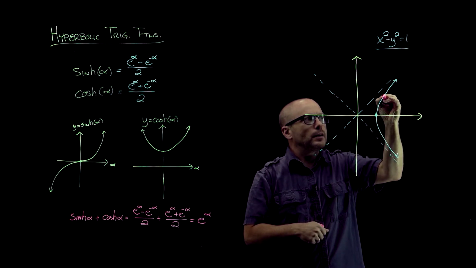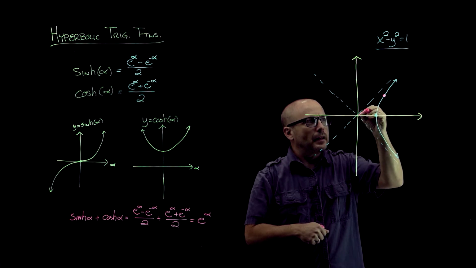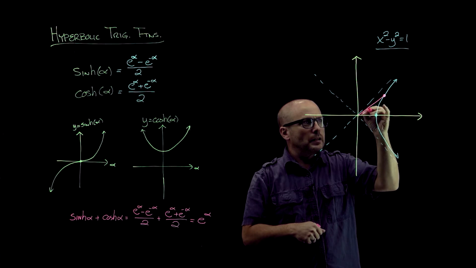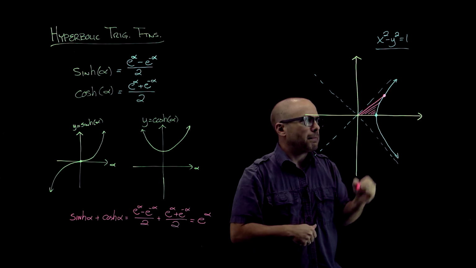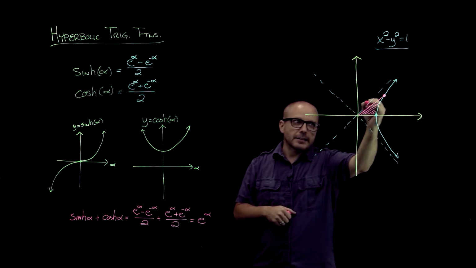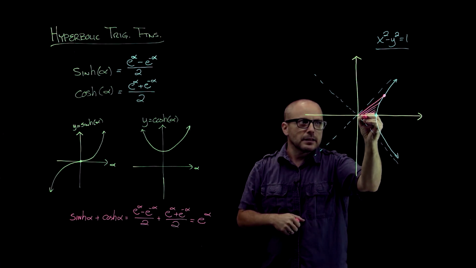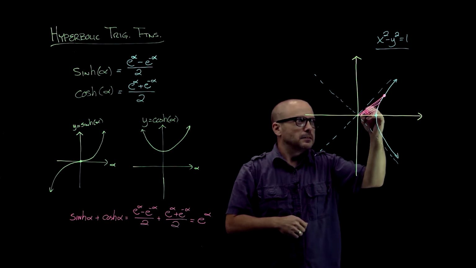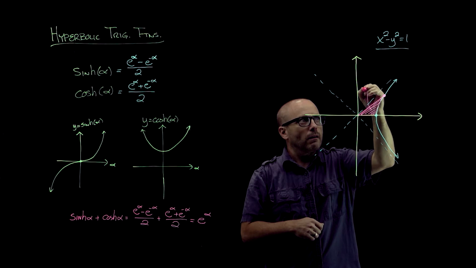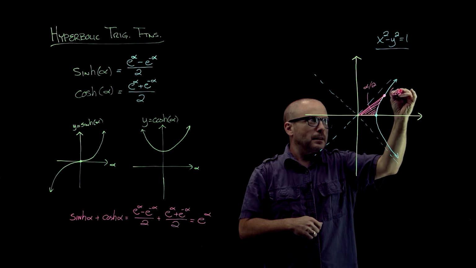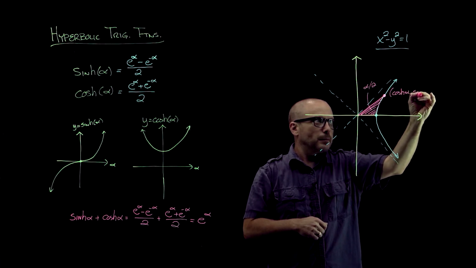So if I have any point on here, and I draw from the origin out to that point, and I shade this region here, between the hyperbola and that line that connects to the dot and the axis, if I call that area alpha over 2, then this coordinate is hyperbolic cosine, hyperbolic sine.